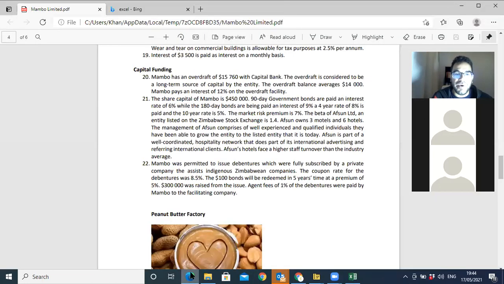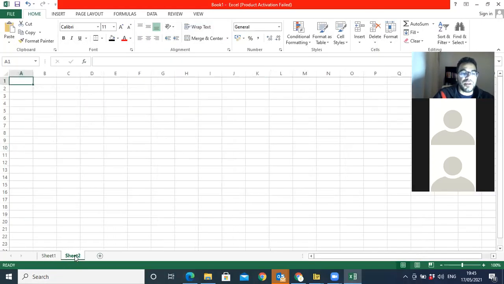Now I look again at the scenario and I can see there's no cost of equity given. Therefore, I need to calculate the cost of equity. Now remember, when we want to have ordinary share capital, we have market rate and we have market value.